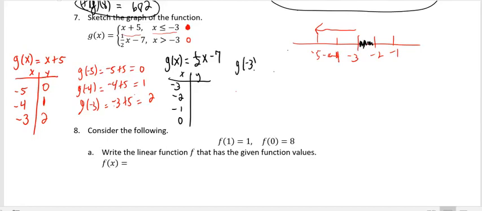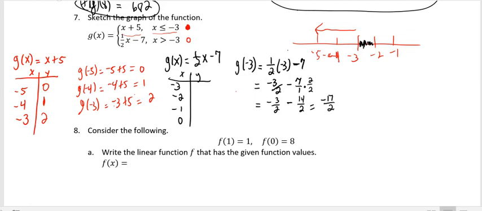G of negative 3 is equal to 1/2 times negative 3 minus 7. Negative 3/2 minus 7. Go ahead and use a common denominator. So this 7 has a 1 below it. In order to make that 1 a 2, I have to multiply it by 2 over 2. So that's 14 here, and I get negative 17/2.